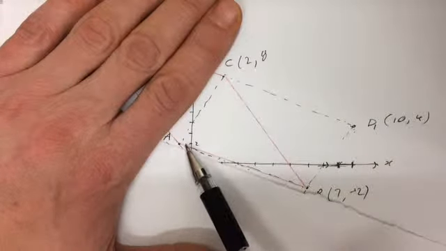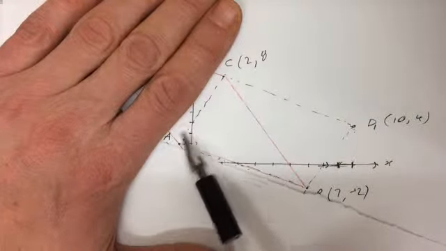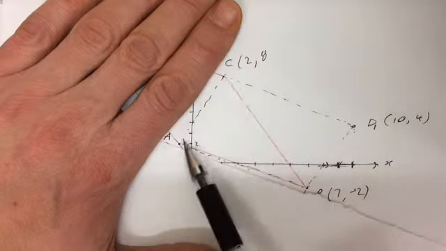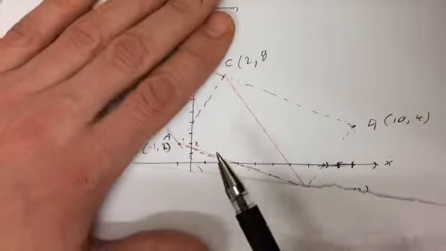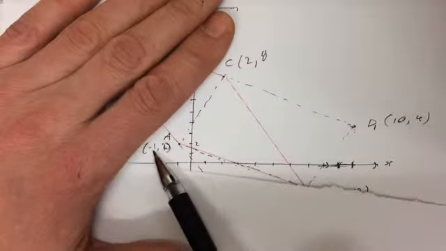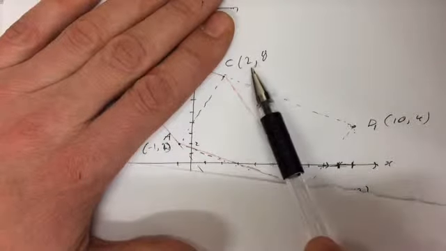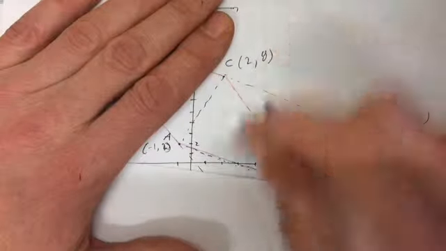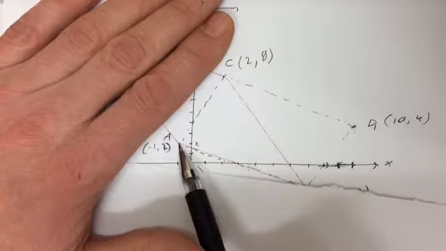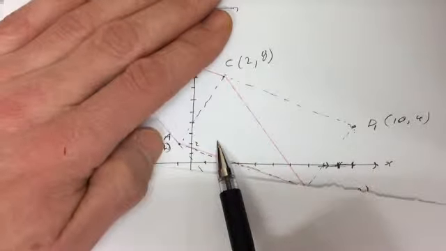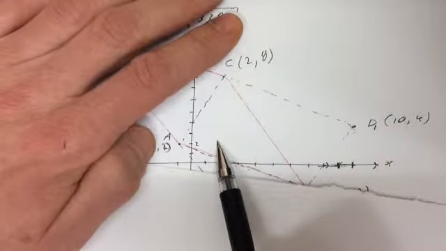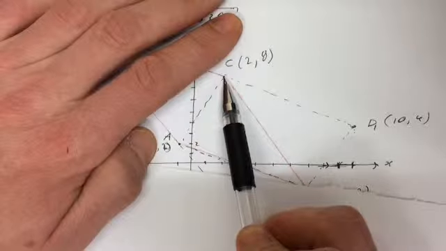In order to do that, to go from point A to point C, you're going to go horizontally from x equal to negative 1 to x equal to 2, which is a distance of 3. So I'm going to go 3 this way, and then from y equal to 2 to y equal to 8. So that's a distance of 6 to go up.